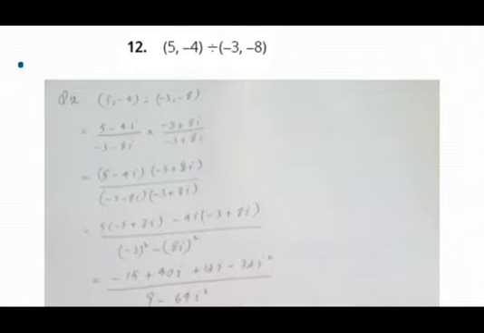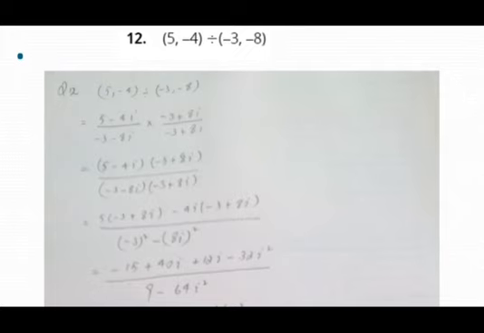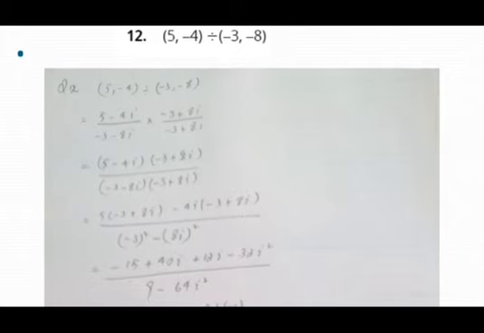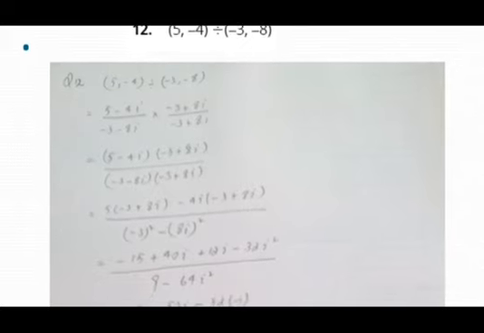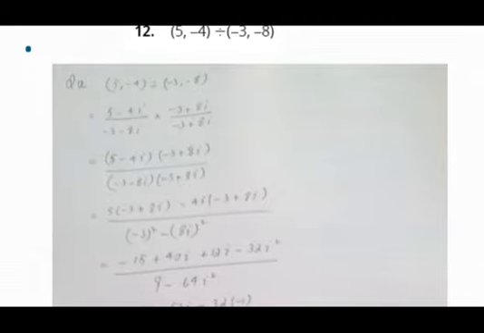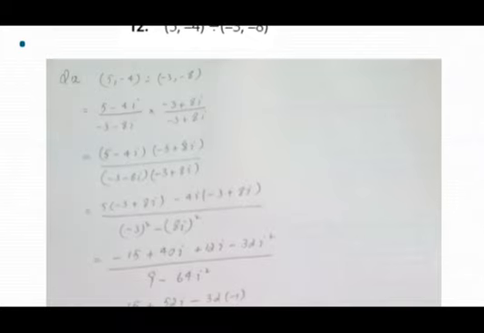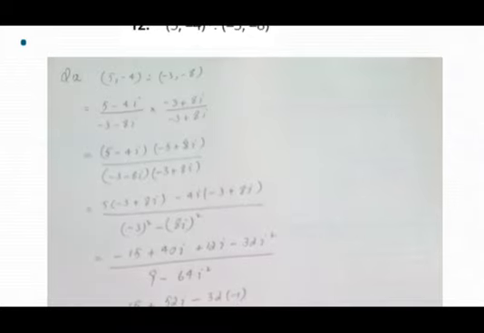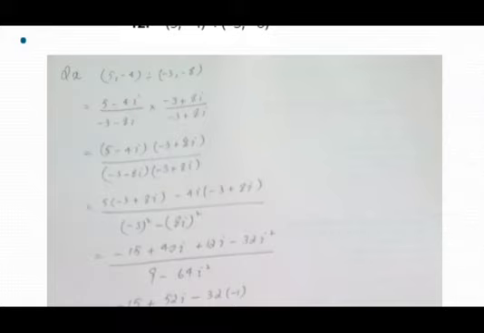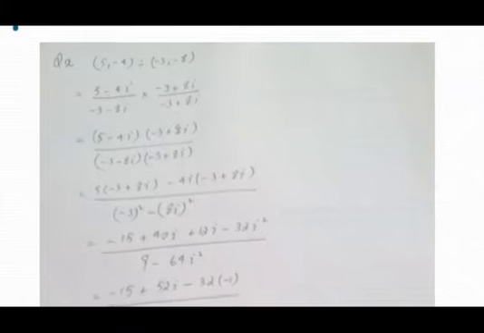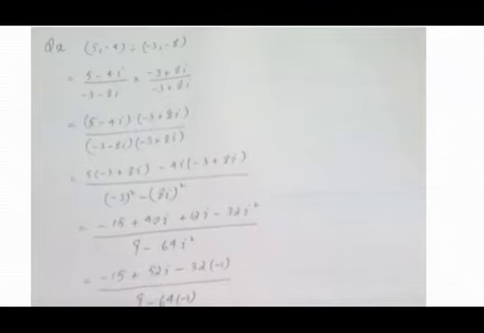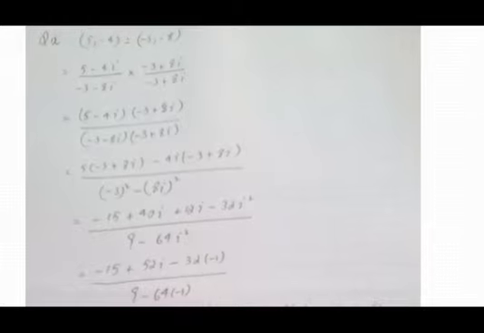For the conjugate of a complex number, we change the sign of the imaginary part, not the real part, and then multiply numerator by numerator and denominator by denominator. And in the denominator we always apply the difference formula a square minus b square and simplify it.